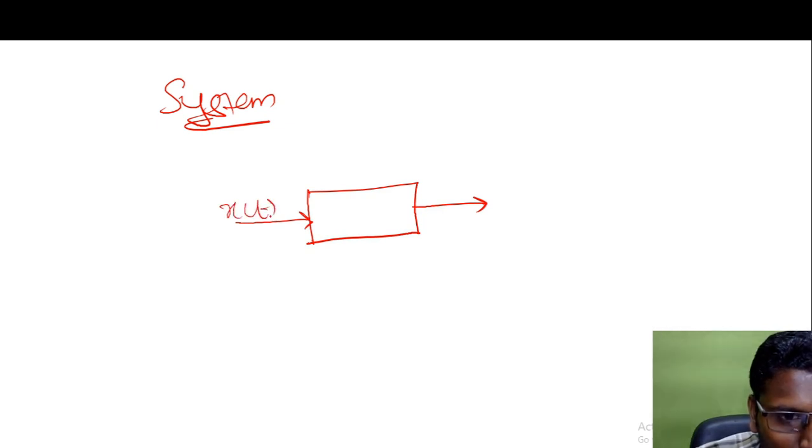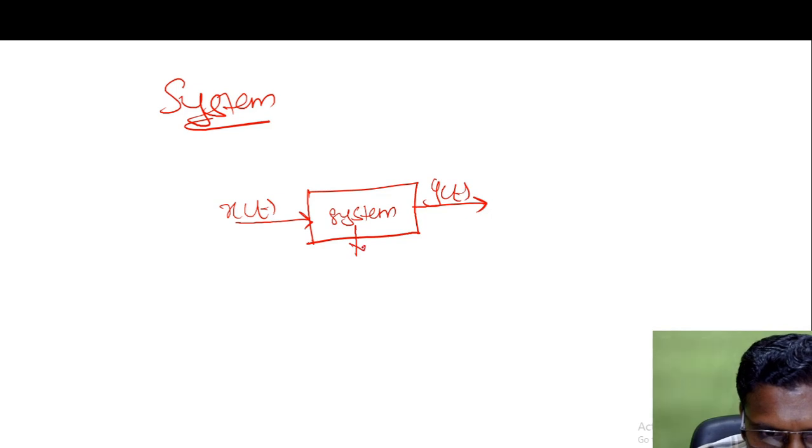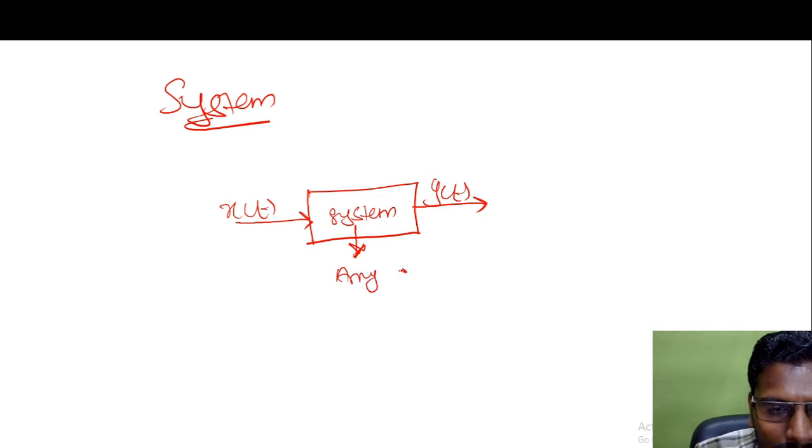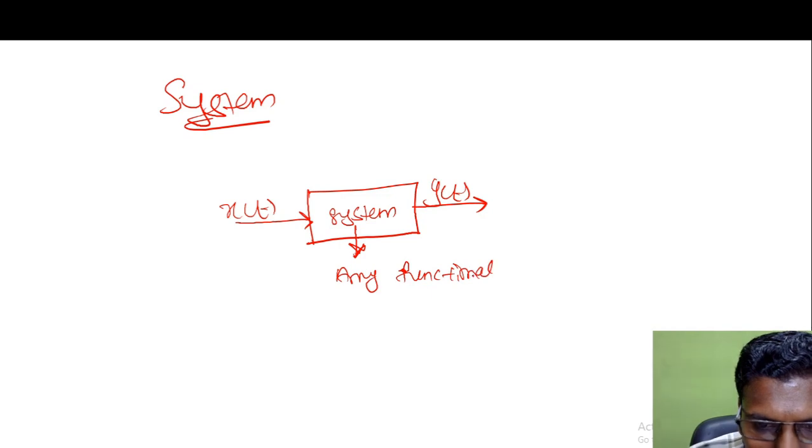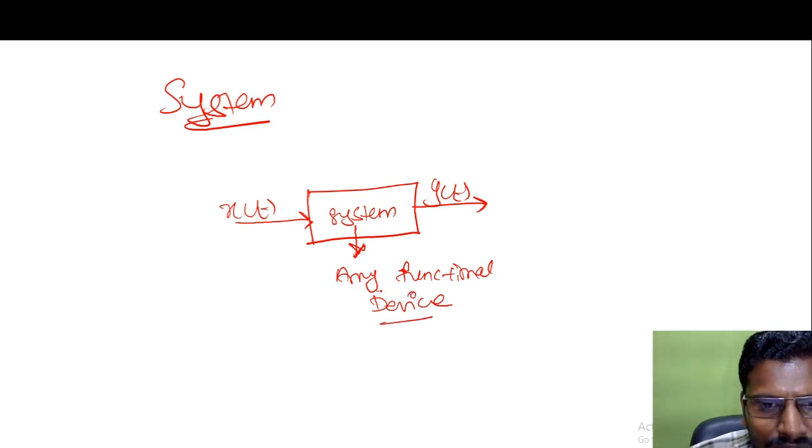The input to the box is x of t and the output from the box is y of t, and this is a system. The system may be of any functional device, whatever it may be, right?